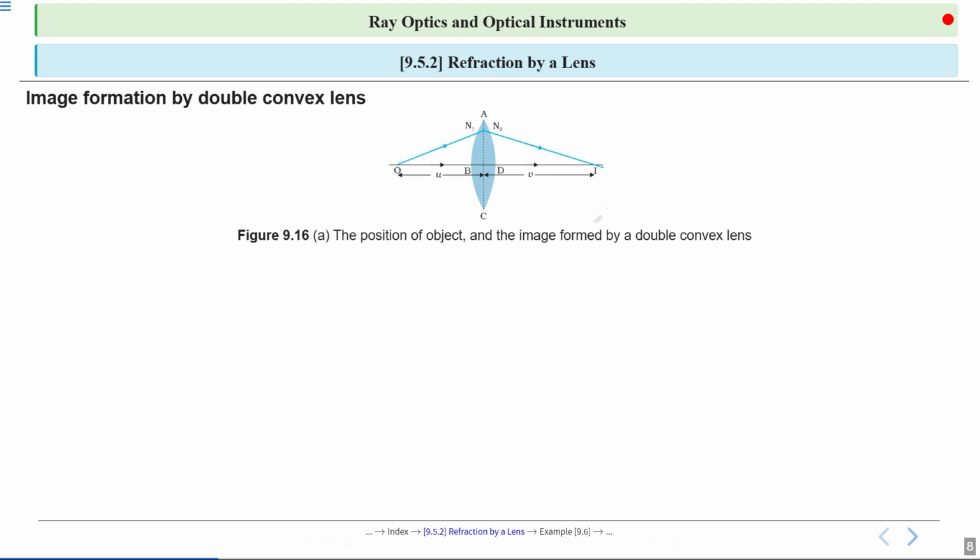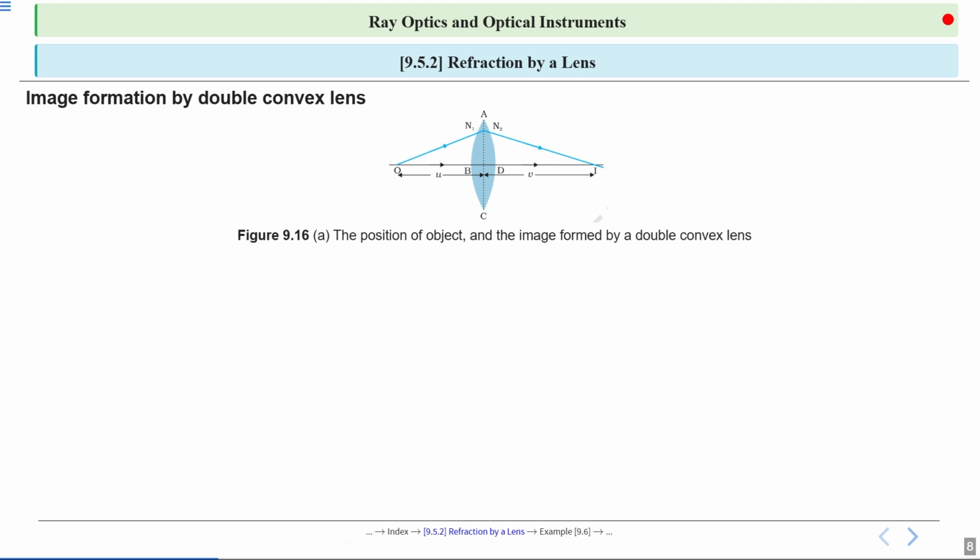N1 and N2 are the points where the incident light meets one refracting surface of the lens, and from where the refracted light emerges out from the other surface, ADC. ABC is one refracting surface, ADC is the other refracting surface.